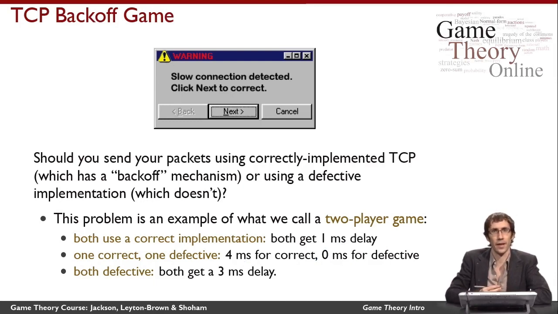Lastly, let's say that if both people use defective implementations of TCP, then we're again in a symmetric situation where they both experience the same delay, and they both experience a bigger delay than they would have before, because there's now a greater chance that their packets will be lost at every stage in the chain, and so it will take them longer to send a message.